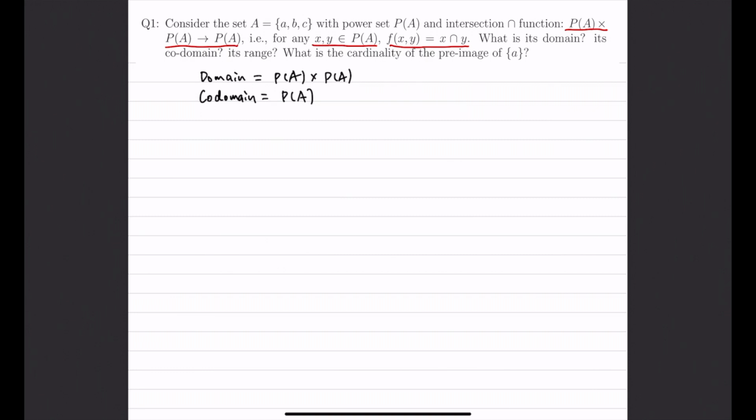Regarding its range, we first recall that the range of a function corresponds to the elements in its codomain with a preimage.